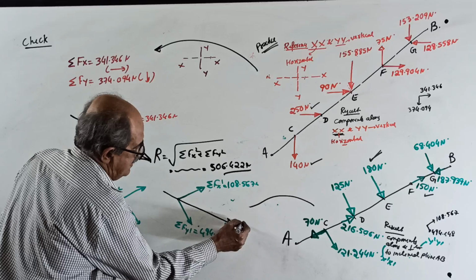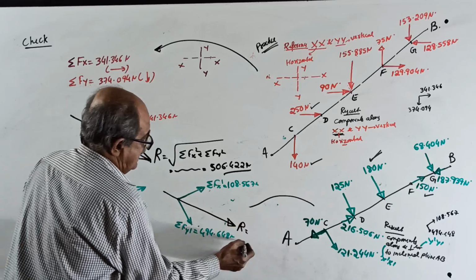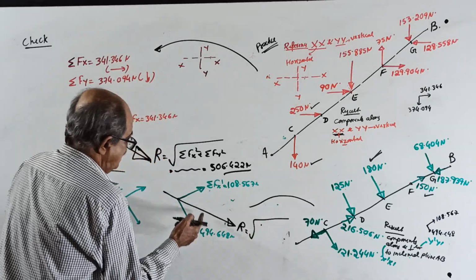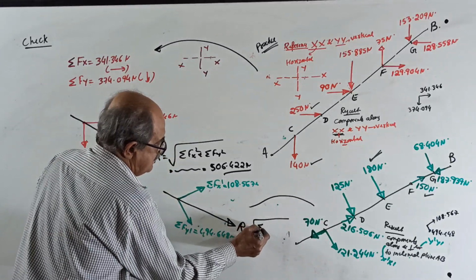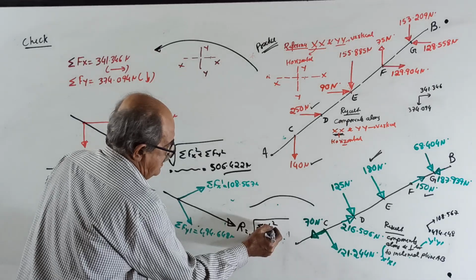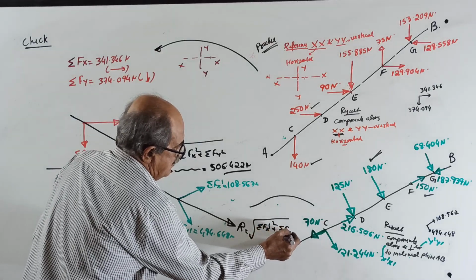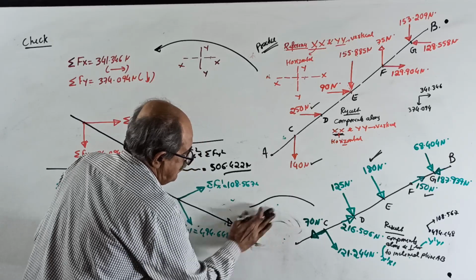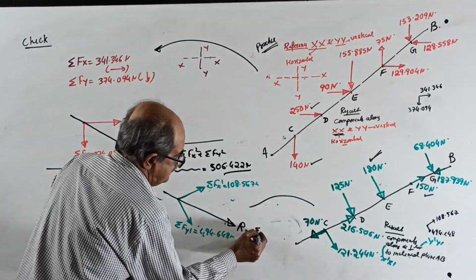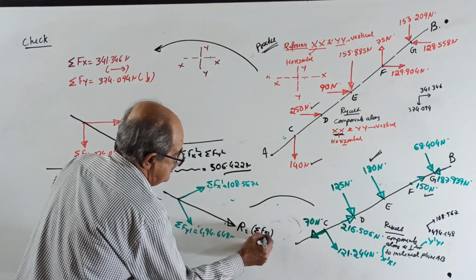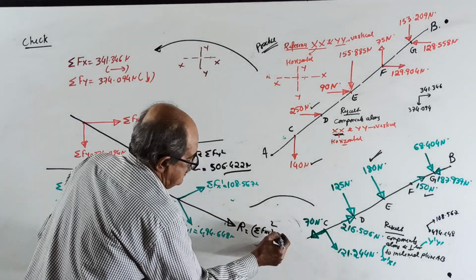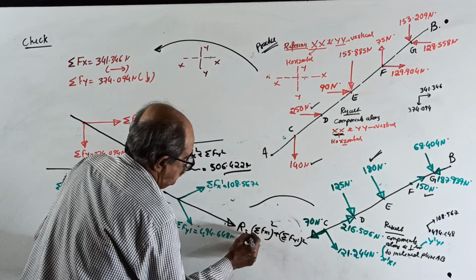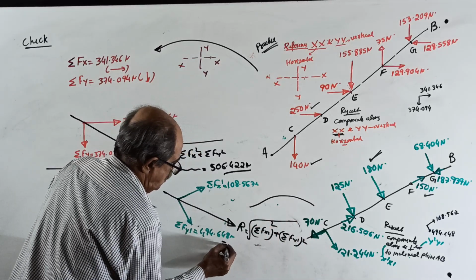Resultant will come this way, equal to the square root of sigma Fx dash square plus sigma Fy dash square. I should write neatly, I don't want to spoil this.